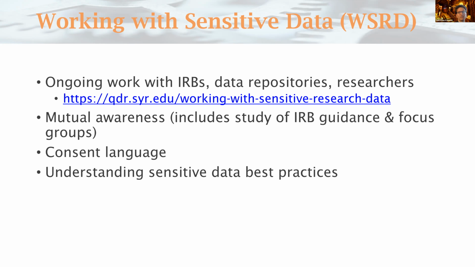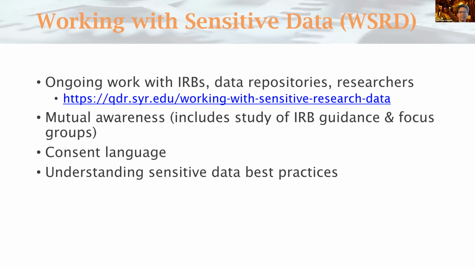We did focus groups with people at IRBs at research-intensive universities. The first thing that we actually worked on was this consent language, because it keeps coming up over and over again. Something that we're currently working on is working with restricted data, which is something that IRBs understand very little of, and that data repositories are investing a lot in.